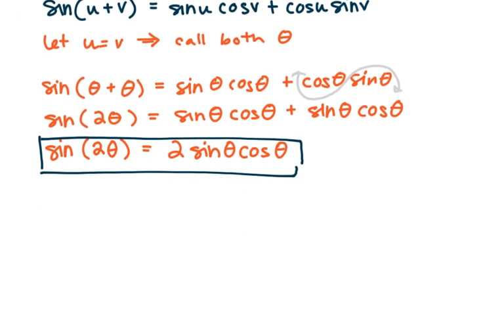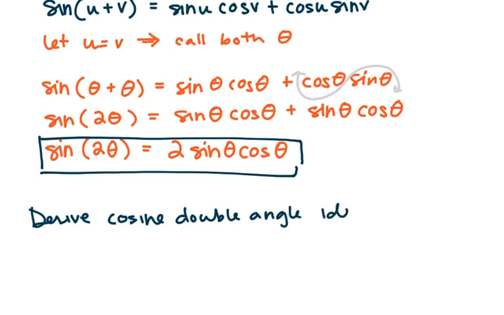While I have you here, let's derive the cosine double angle. Okay, so we're going to do it the same way. I'm going to start with cosine sum, which is something we know.